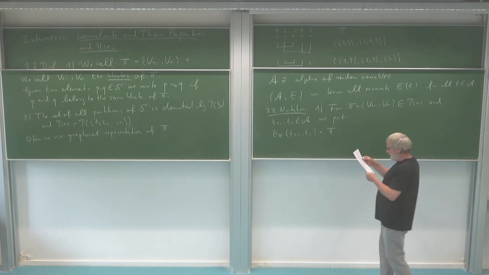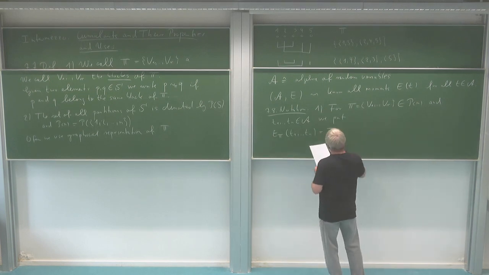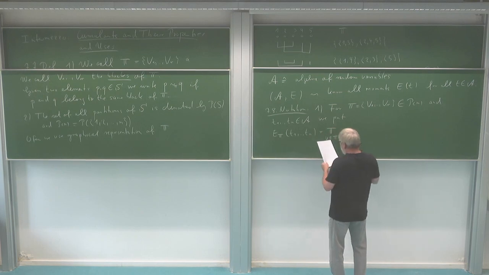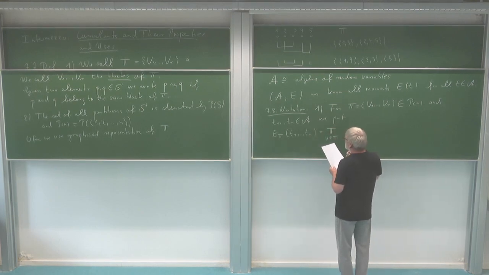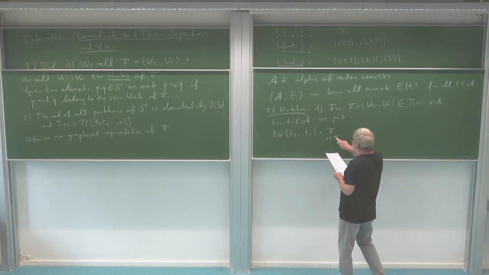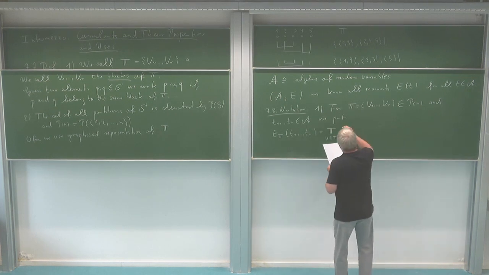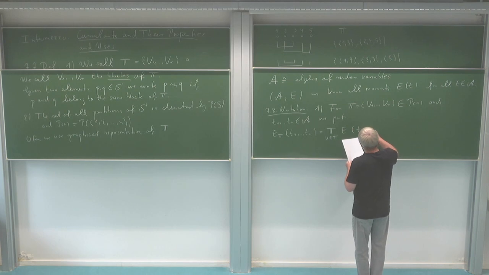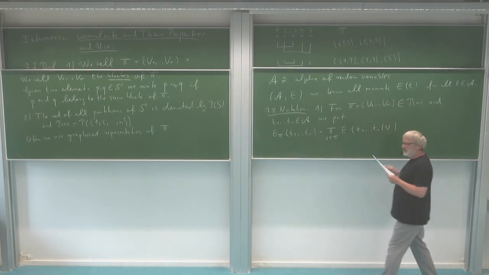where for each block V in pi, this is the product sign and this is my partition, I have a moment E where I take the t's which correspond to this block.